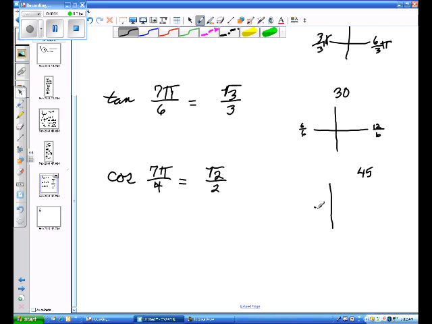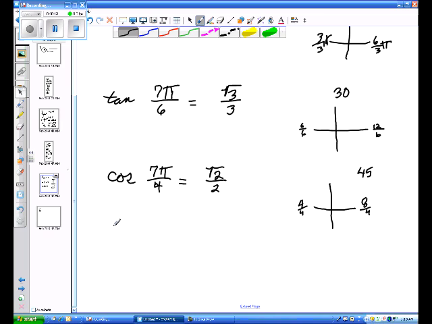Every time you're doing a function of an angle, you need to think reference angle, quadrant. Okay, 7/4. 7's greater than 4, so we're either in the third or the fourth. Well, 1 pi would be 4/4. 2 pi is 8/4. 7 is closer to 8, so we're in the fourth quadrant. In the fourth quadrant, cosine is positive.